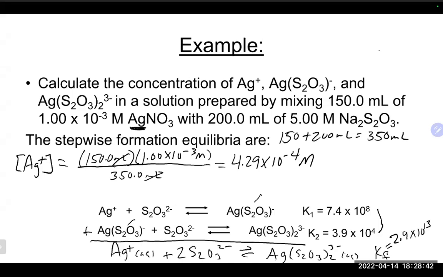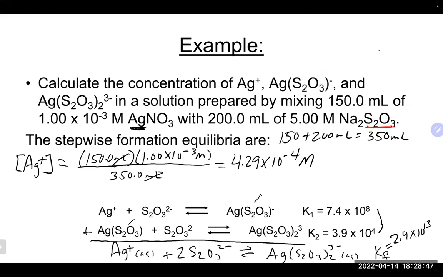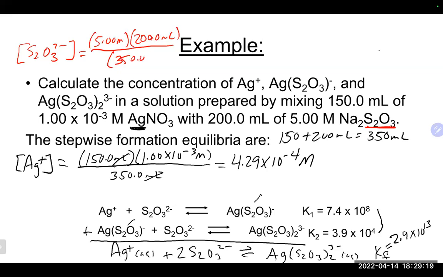Now, our other ligand in this case is obviously going to be coming from here. This is our source of the ligand. And when that does break apart, we basically get one ligand and a couple of sodium ions. So we could do the same calculation for that guy, S2O3 2 minus, which would be our M1, 5 molar, times our V1, which would be 200 milliliters, divided by our total volume, which would be our 350 milliliters.